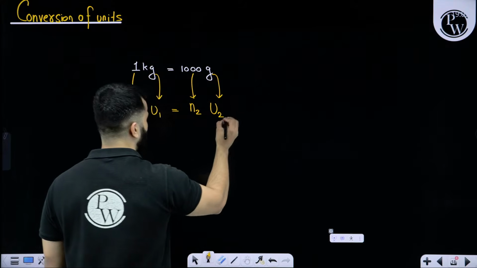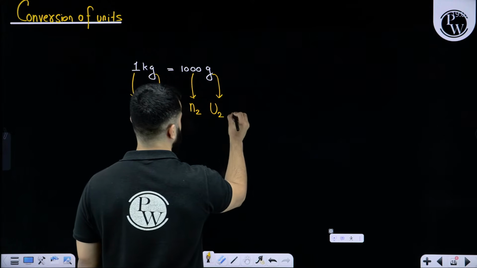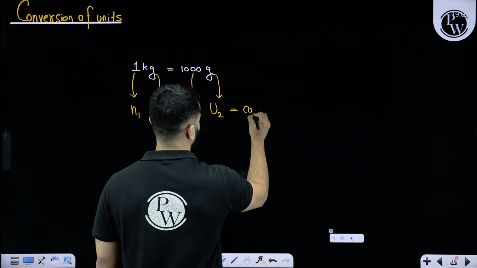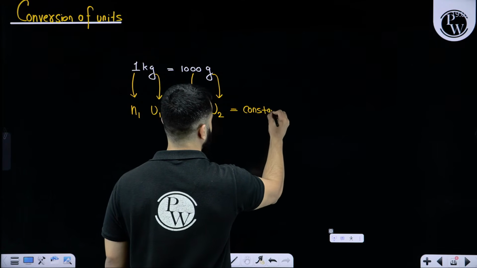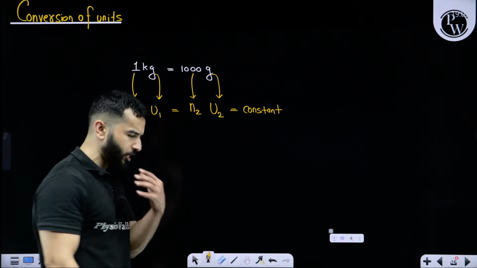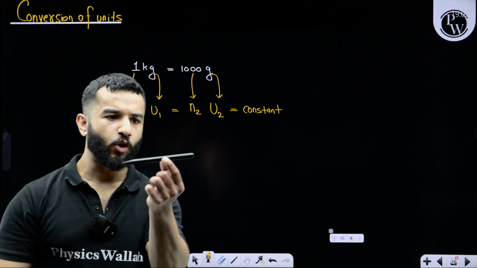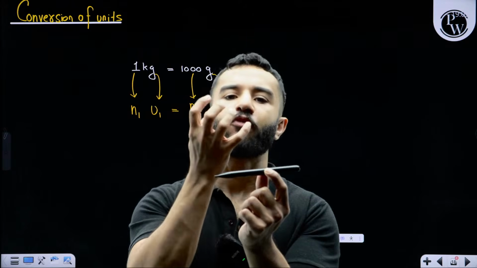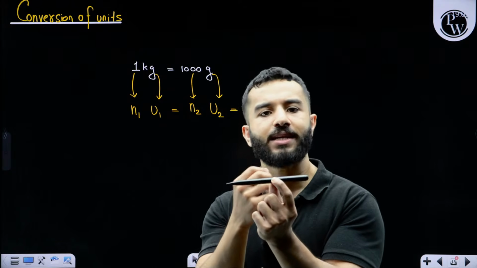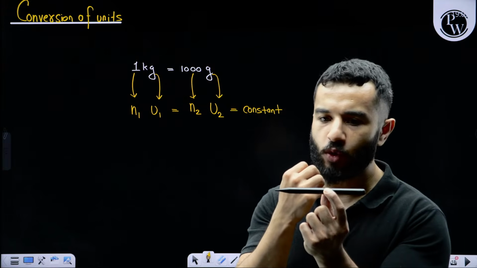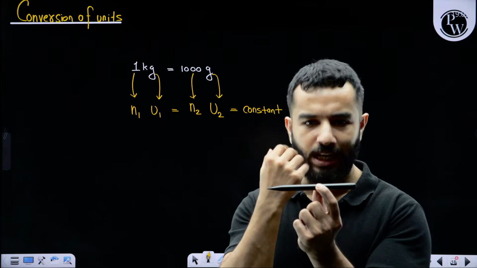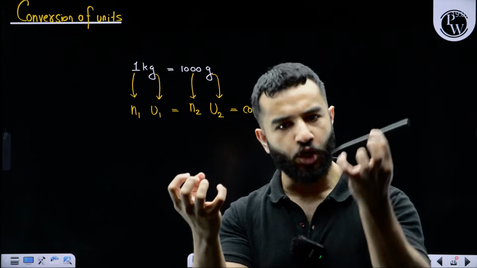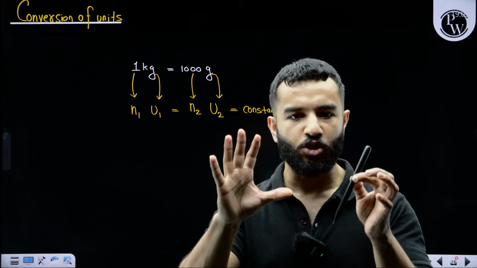But our point is that the combination of these two will remain constant for a given physical quantity. Let me tell you this point again. Let's suppose we want to find out the length of this pen. Length of this pen is an information. We are going to deliver this information using a magnitude, a numerical value and a unit. So the information must not change.